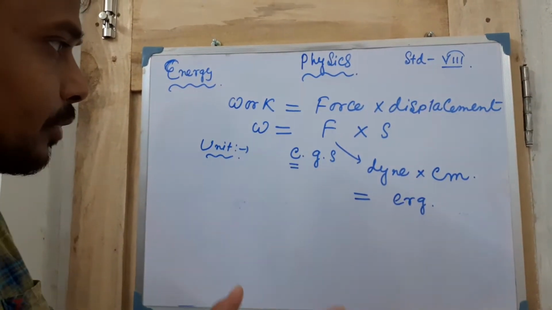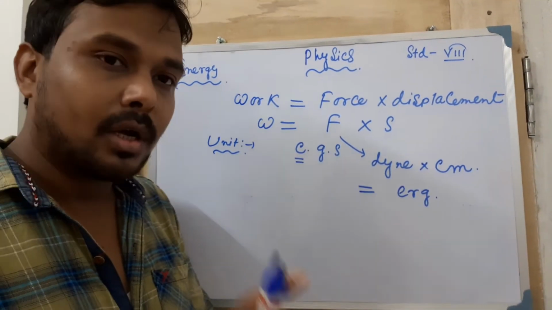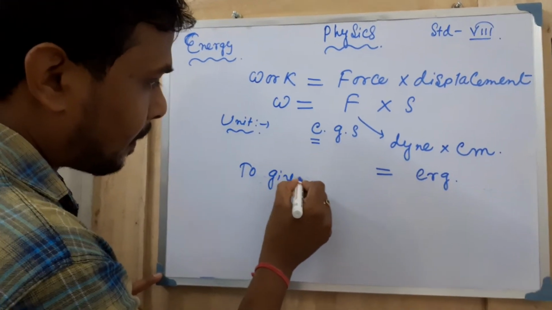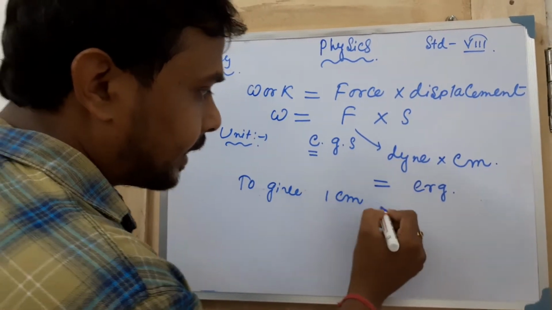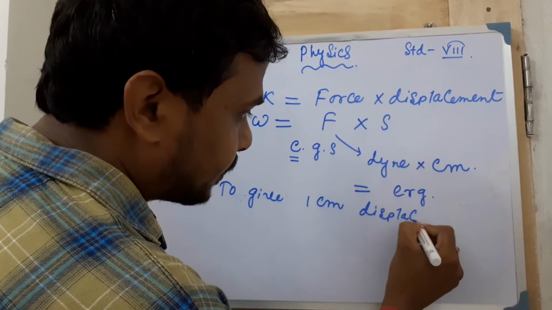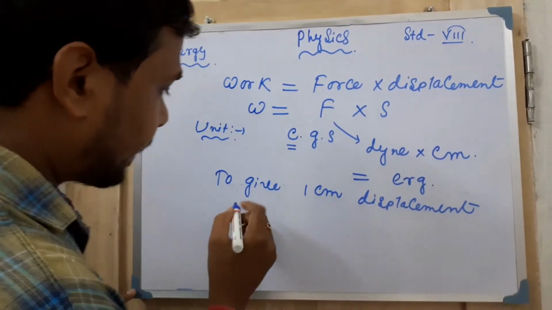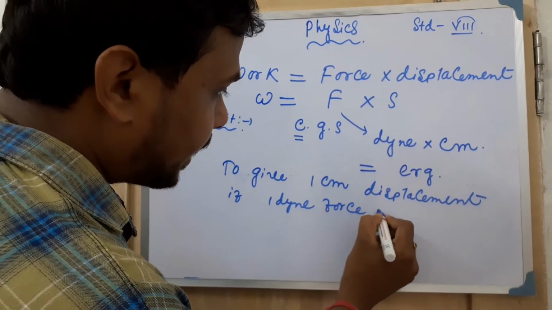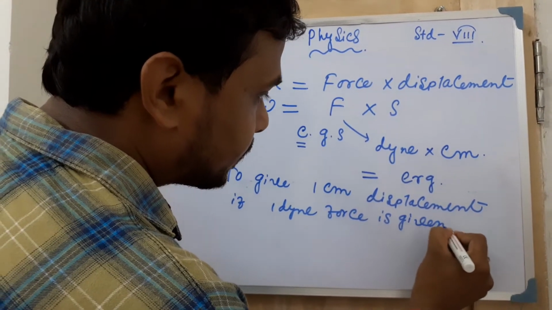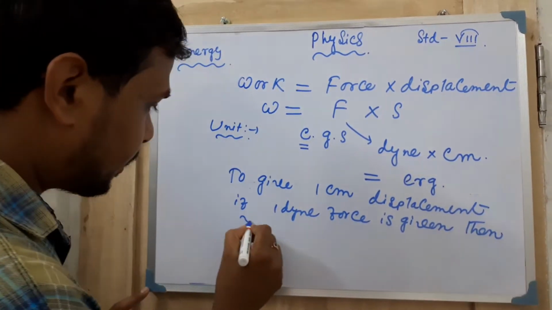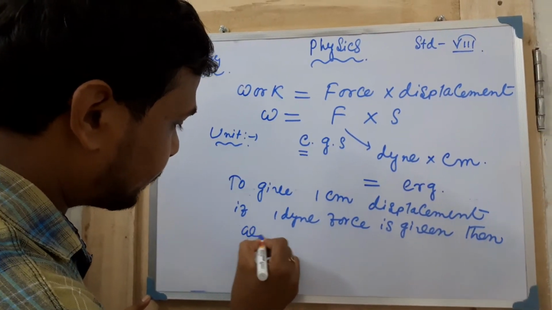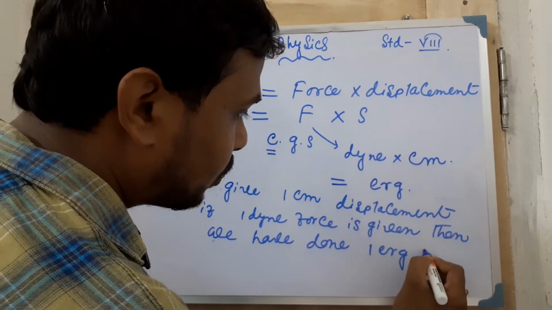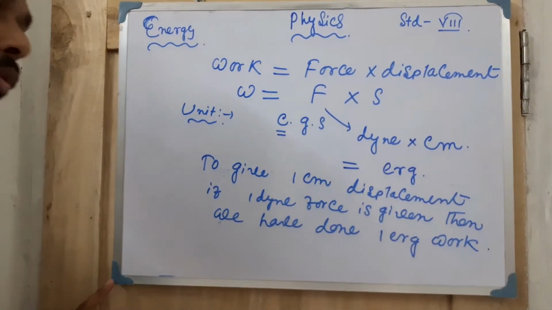If one dyne of force is given to give 1 centimeter displacement, then we have done one erg of work.